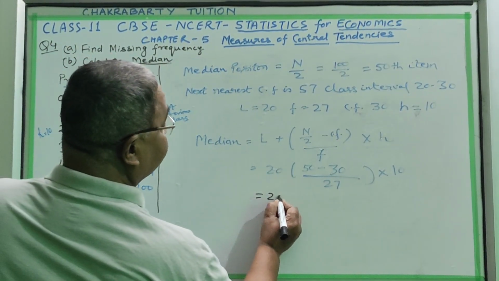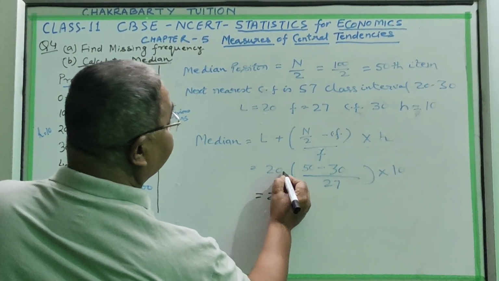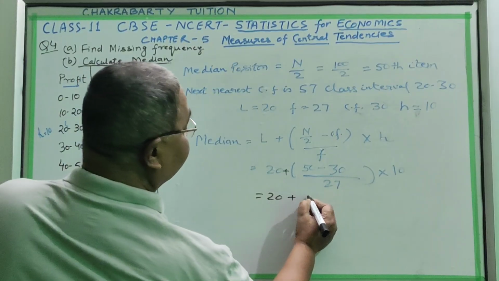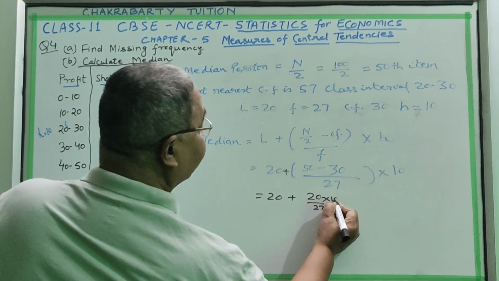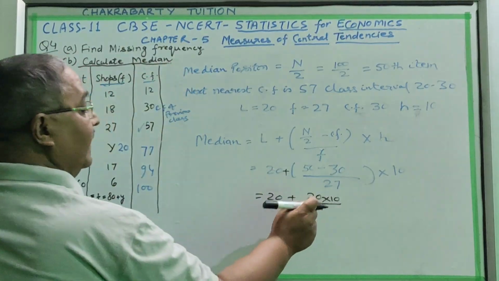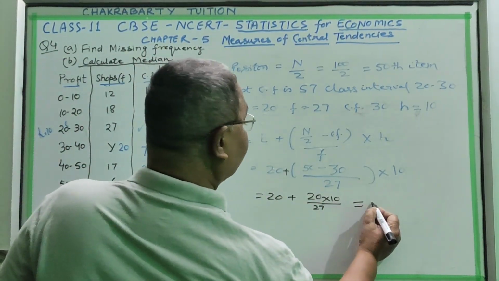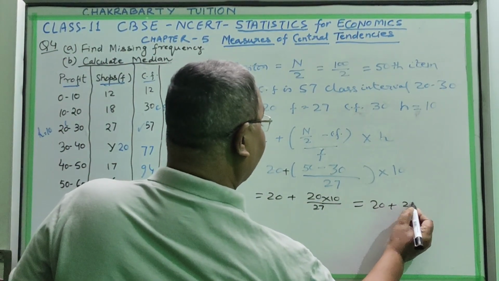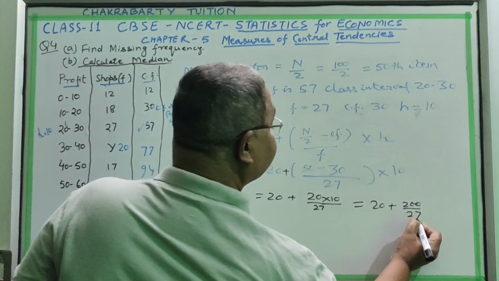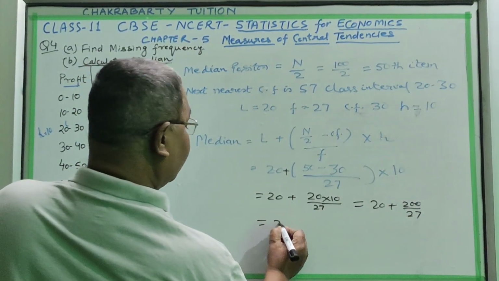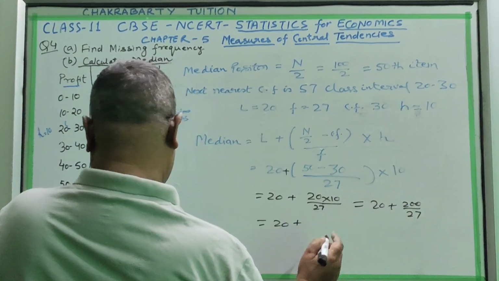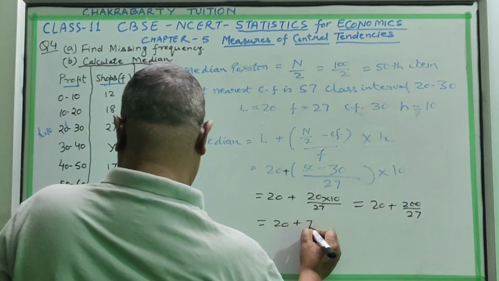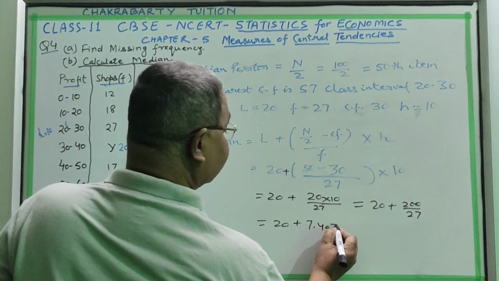So equal to 20, and here what will remain? Here 20 upon 27, or this 10 will multiply here. So what will happen? It will become 20 plus 200 upon 27. So now 20 plus 200, if you divide by 27, by calculator I have done, 7.407.